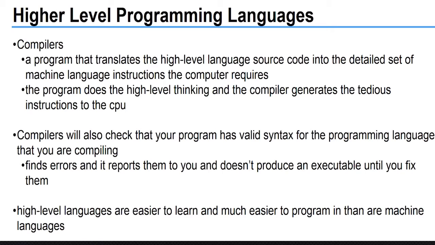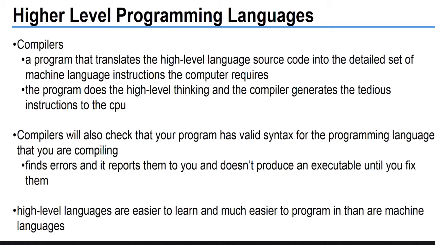The compiler compiles the program and translates it. For example, if you know Hindi and the other person knows Telugu, you go to Google and translate your language into Telugu. Like this, the compiler translates the higher level language into machine level language instructions.